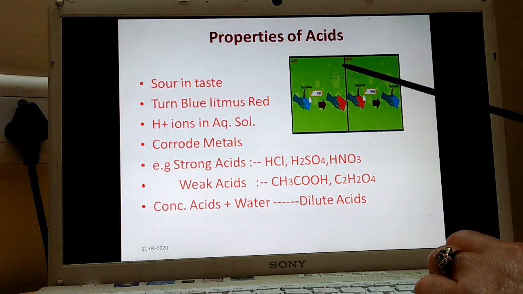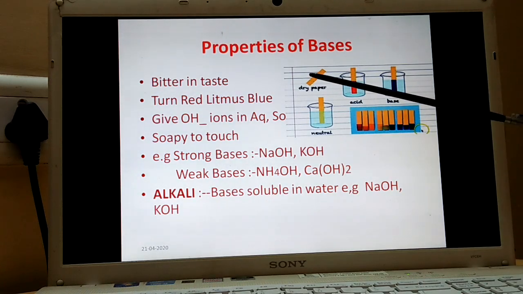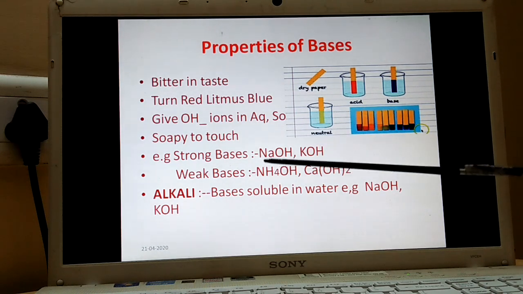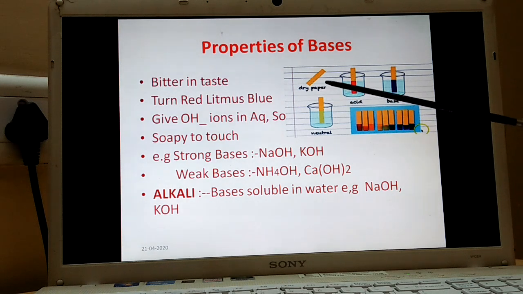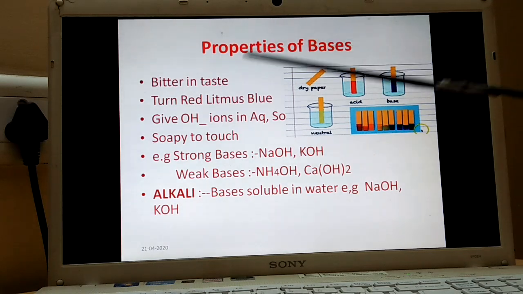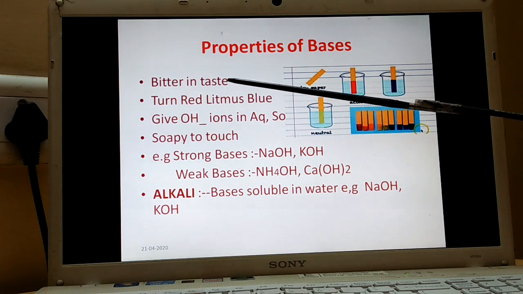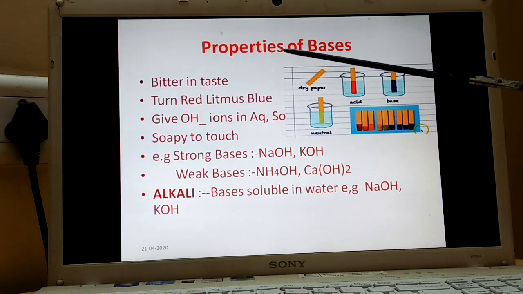Now next are the properties of bases. Bases can be distinguished from acids by these properties. If we are provided with two solutions, both seeming colorless, we can identify that if a solution tastes bitter, it is a base.